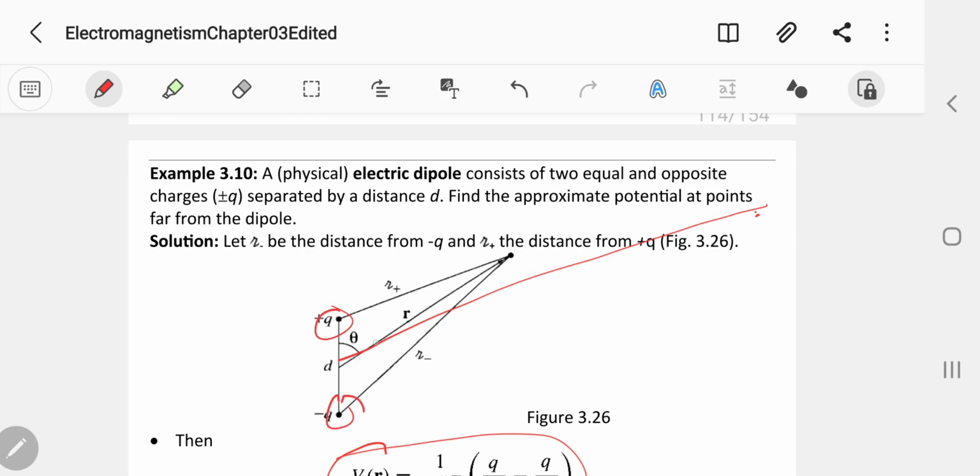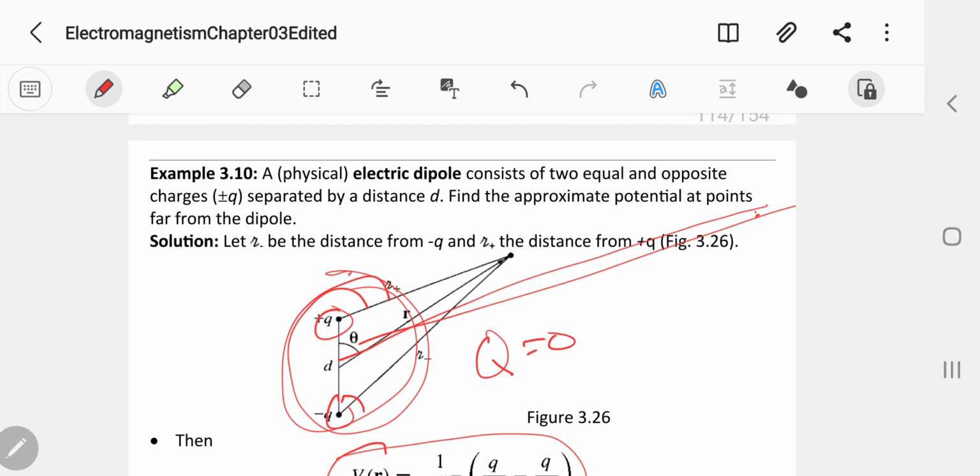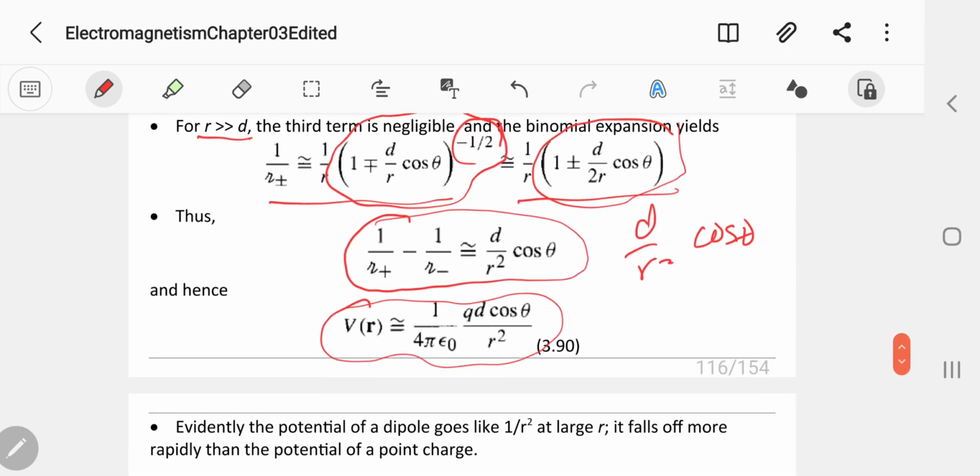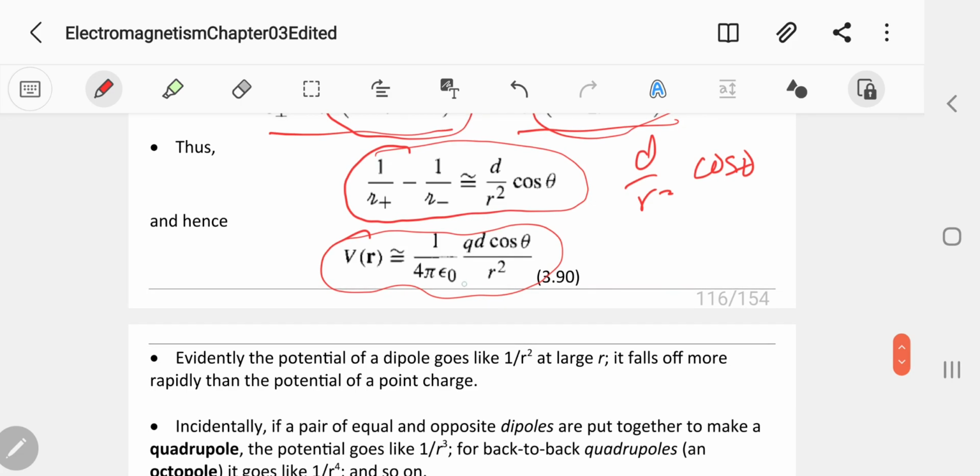But when you go far away, you only see a configuration which has a charge sum of 0. But look at here, there is a Q that exists in this potential, and the D is also there, the distance between the two charges.